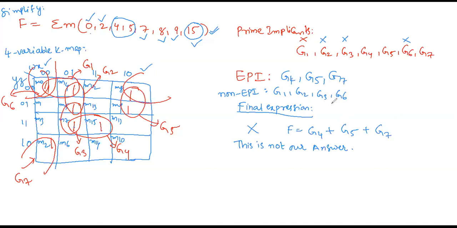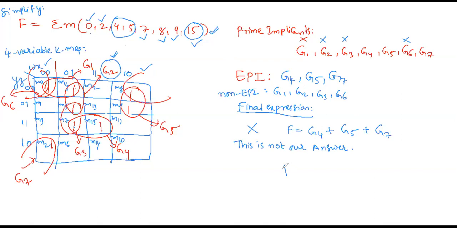Now we have to pick one group from the non-essential prime implicants to cover these 4 and 5 minterms. We need to pick one group or more than one group also, okay. Look for the 4 and 5 minterms which are covered by this non-essential prime implicant. 4 and 5 is covered with G2.